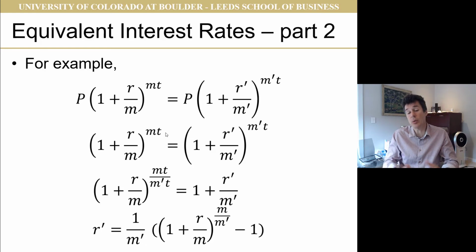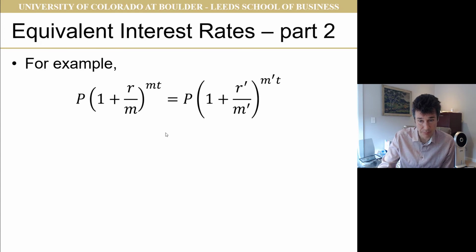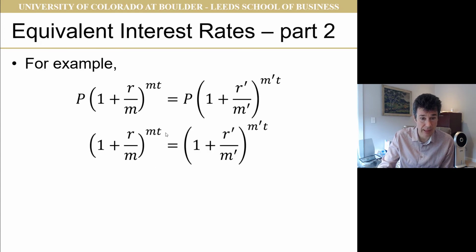Okay, so we can always work from one compounding frequency to another. In this equation, we would know r, we would know m. Interest rate is 3% with certain compounding frequency. And we'd like to know r prime given m prime. Now, this is not a formula I would ever memorize. I would simply start with this first row, set things equivalently, and solve.